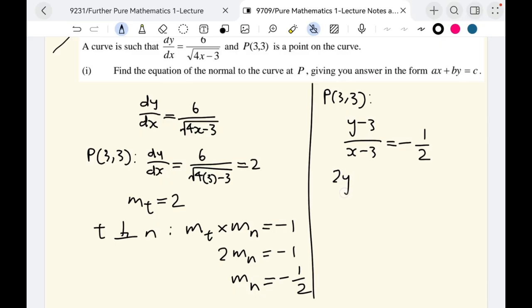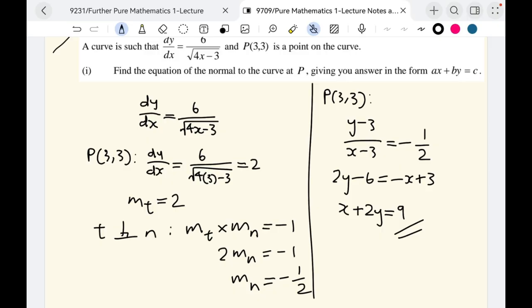You will get 2y minus 6 because you cross multiplied, and for this side you will get -x plus 3. So move the x to the left hand side, -6 to the right hand side, and in the end you will get x plus 2y is equal to 9. Only this answer is acceptable.